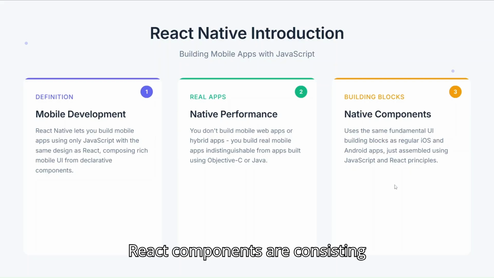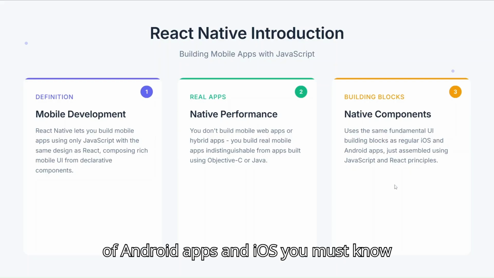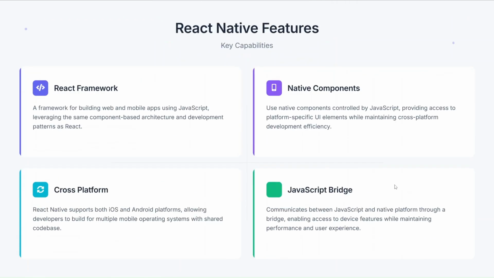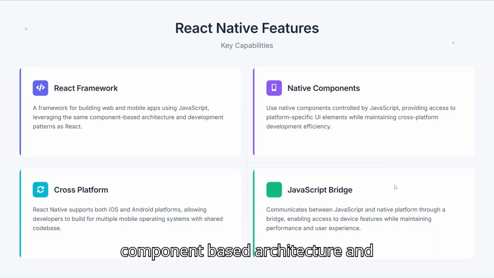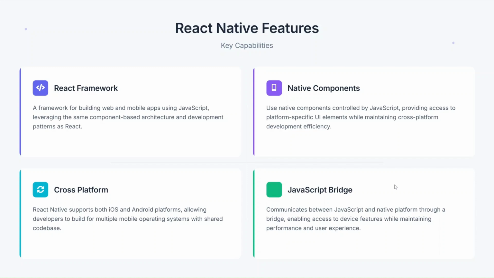React components consist of Android apps and iOS. You must know React, the React framework, component-based architecture and development patterns, and React Native components, which is JavaScript, maintaining cross-platform development efficiency.